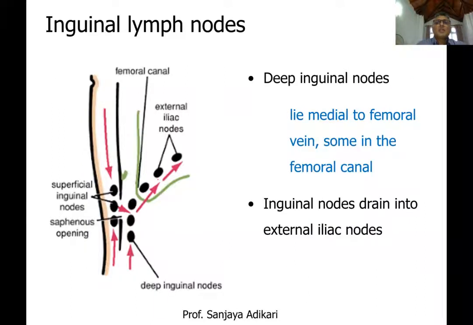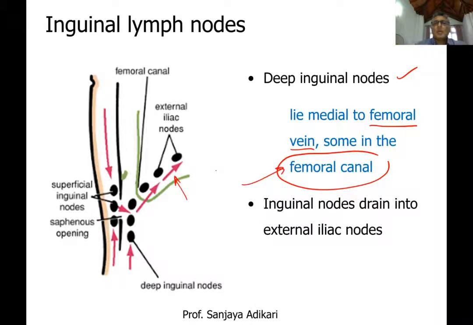Then when it comes to the deep inguinal nodes, they lie medial to the femoral vein in the femoral triangle, and a few of the upper nodes enter the femoral canal. These nodes which enter the femoral canal are called nodes of Cloquet.